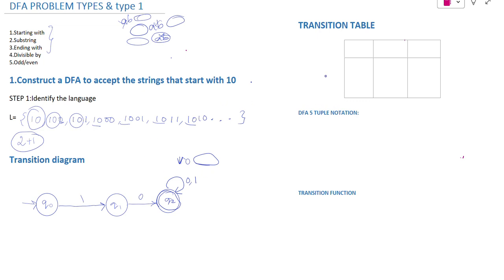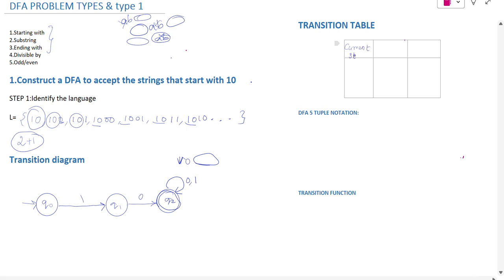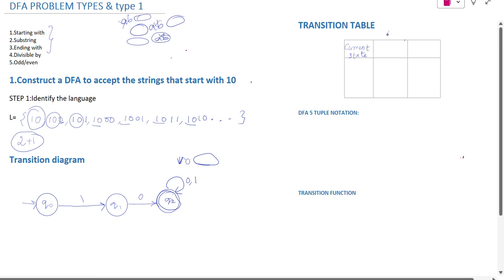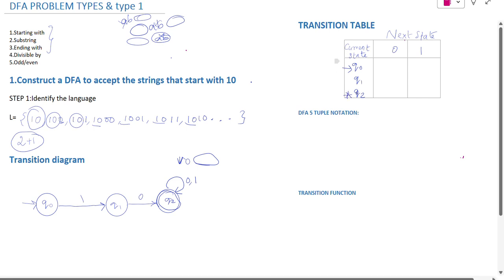The next step is to write the transition table for this. Here it will be the current state, and this is the next state, that is, upon receiving an input 0 or 1, what is the next state? Write down the states involved here: Q0, Q1 and Q2. Q0 is the starting state, and Q2 is the final state, which is represented with an asterisk.